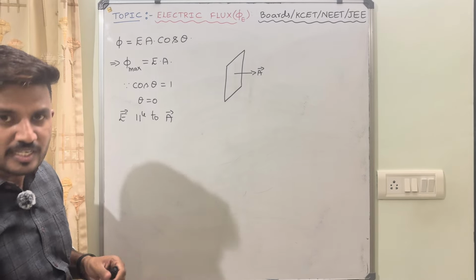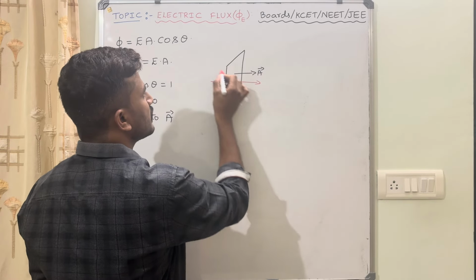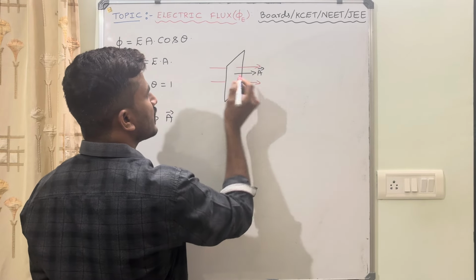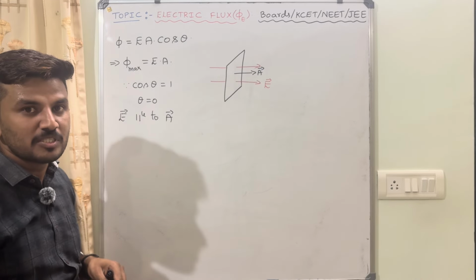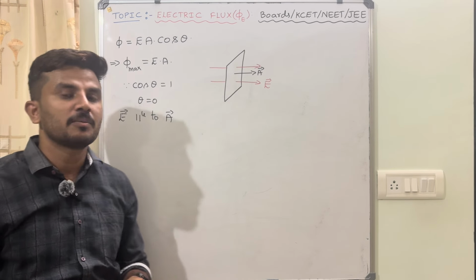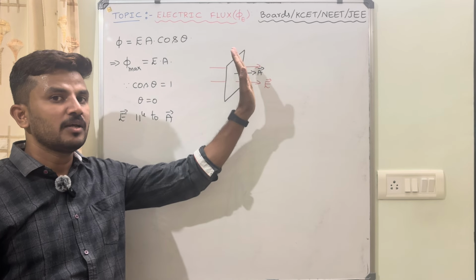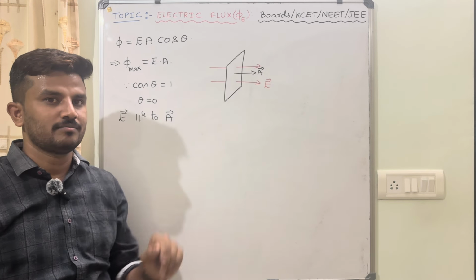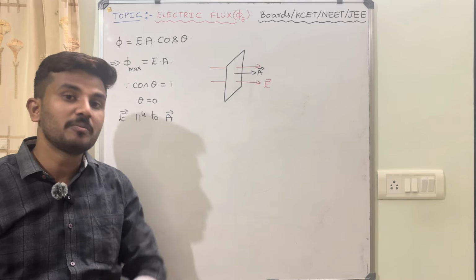If the electric field is parallel to the area vector, then theta will be 0. So cos 0 is equal to 1. Then we will get maximum electric flux. If the electric field is perpendicular to area but parallel to area vector, then the flux will be maximum.